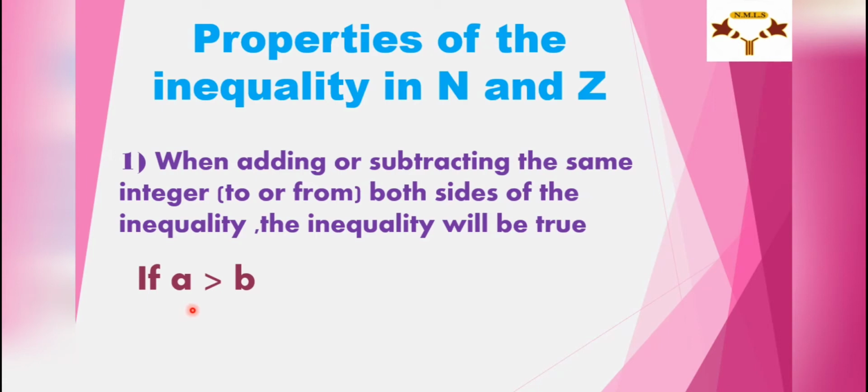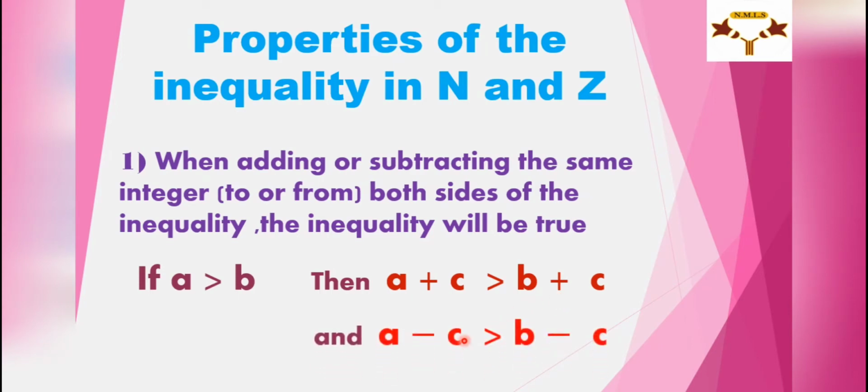Like if I have a greater than b, and I add c to a and add the same c to b, the inequality will be the same. So this side will be greater than this side. And if I subtract the number c from this side and from the other side, this side will still be greater than the other side.